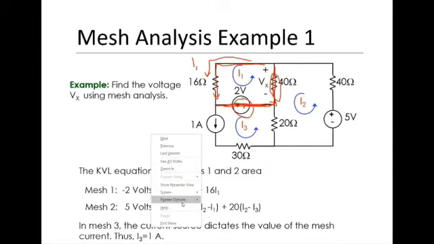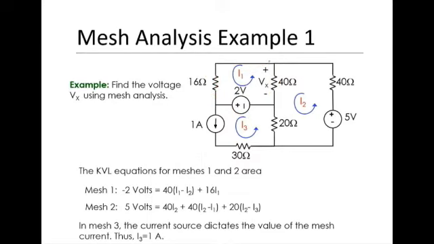So, for example, this is I1 quite simply because there's no adjacent branch next to this mesh right here. Then in this case, the current here is I2. So this is I1 and this is I2.